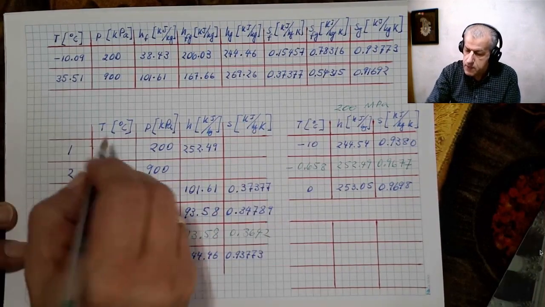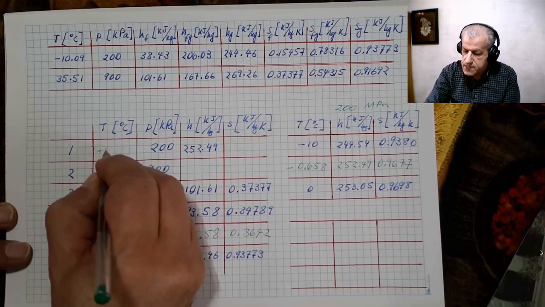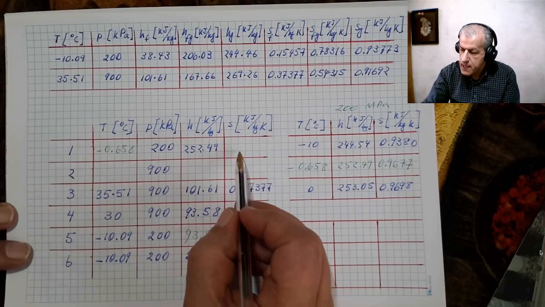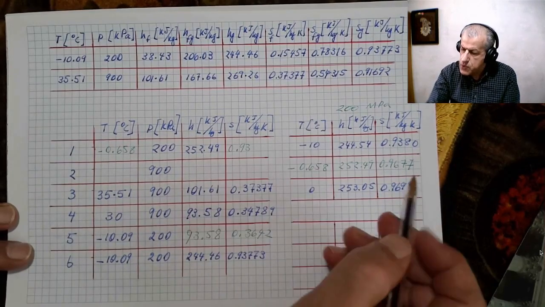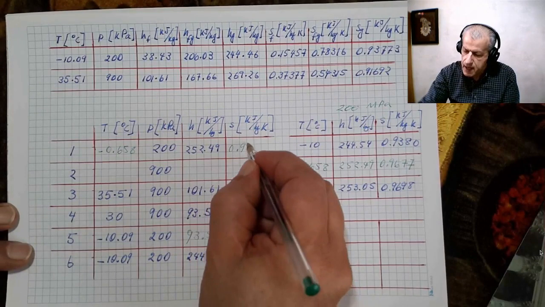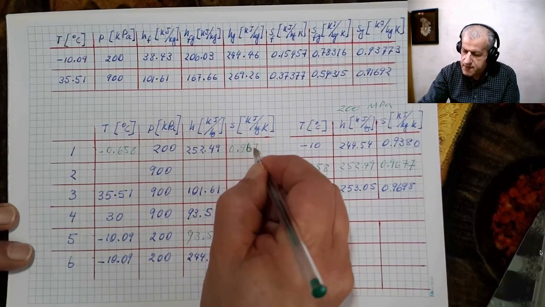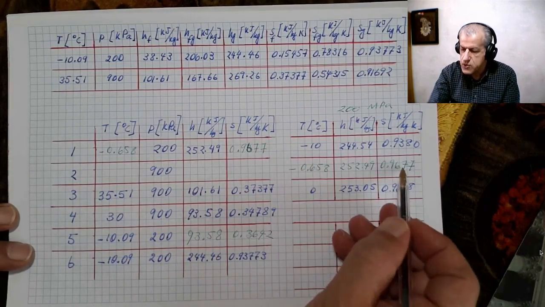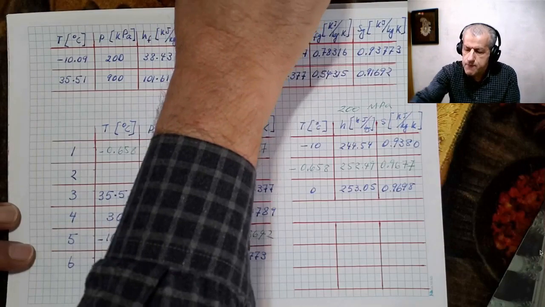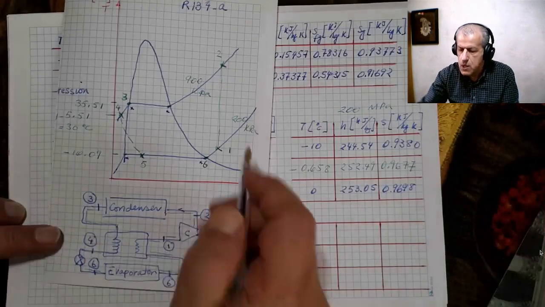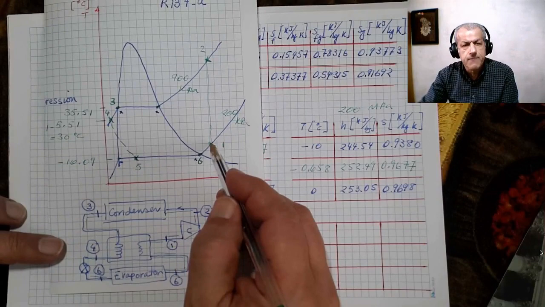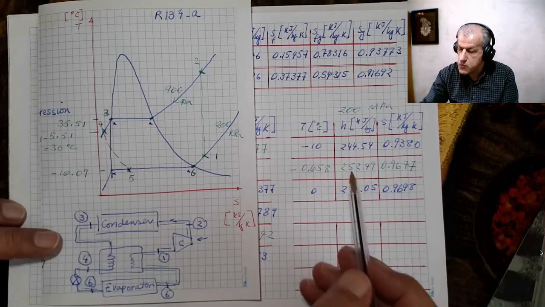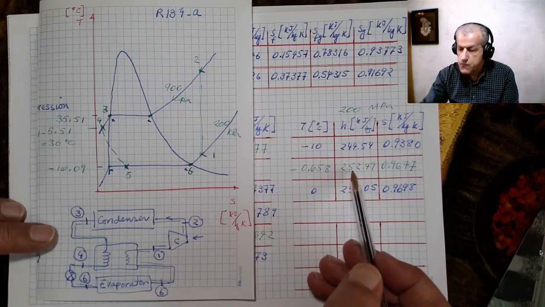We now know that the temperature is minus 0.658 and the entropy is 0.9677. 0.9677 is the entropy for point 1, and the enthalpy we just calculated to be 252.49.